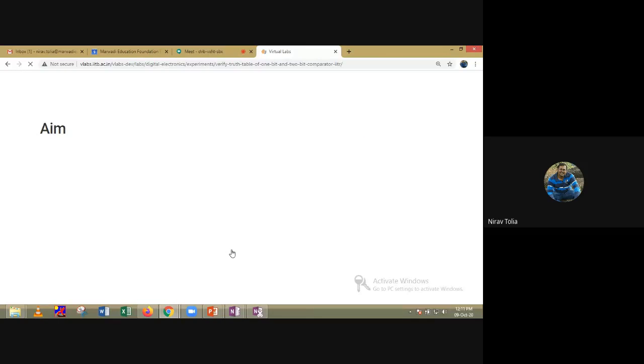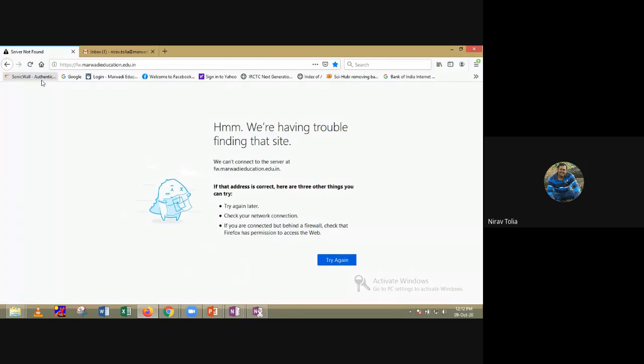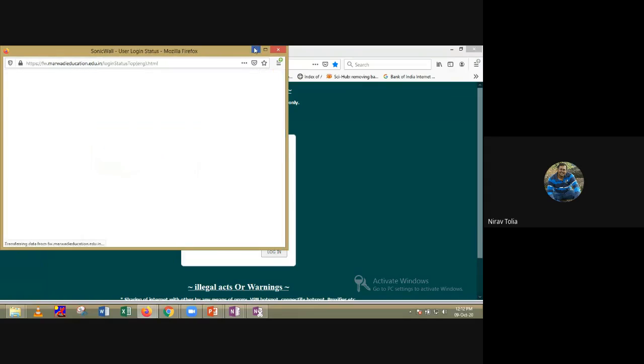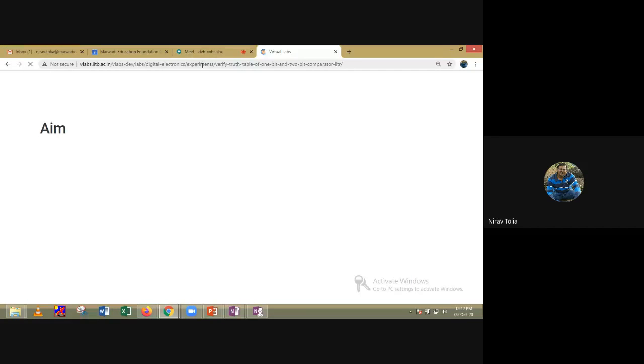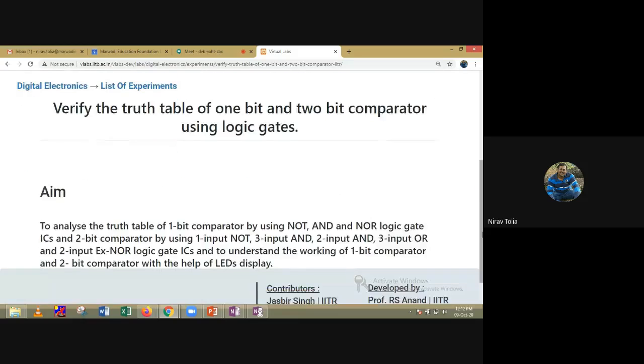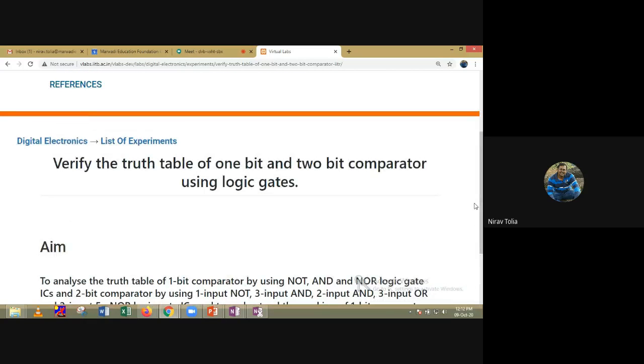This is the aim: to verify the truth table of a 1-bit comparator and a 2-bit comparator by using logic gates.